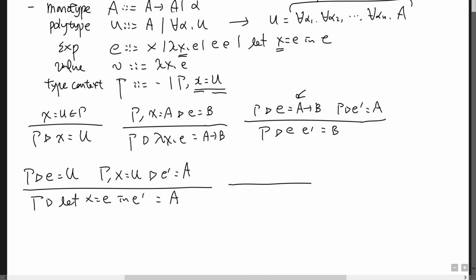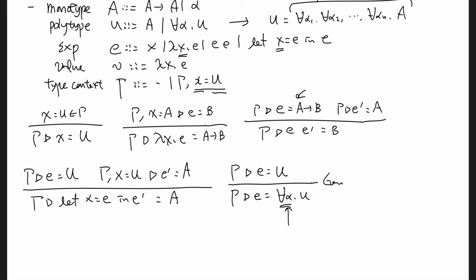Now what about the generalization rule? Suppose that expression E has a type U. Now we'd like to generalize this type to something like for all alpha U. So we introduce a fresh new type quantifier for all alpha. And in order to justify this generalization, you have to make sure that this alpha is not in use in typing context gamma.